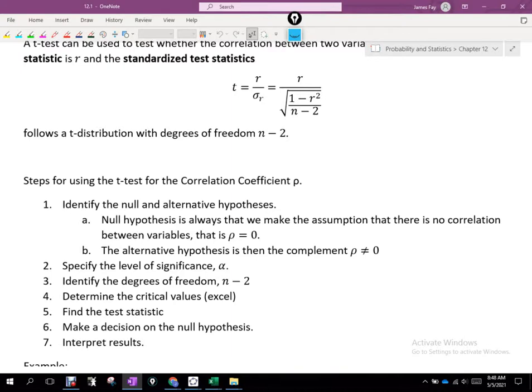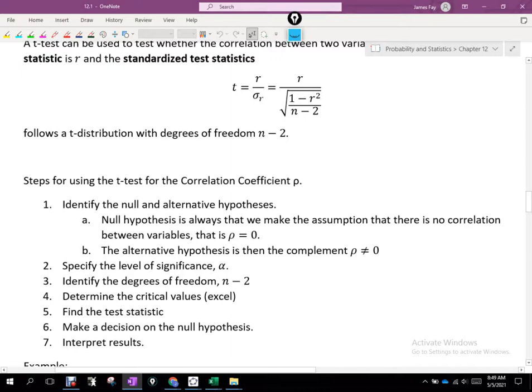If I reject the null, that tells me there is a significant correlation. Does that make sense? Or if I fail to reject, then there's no correlation. That's why we set the hypotheses this way.